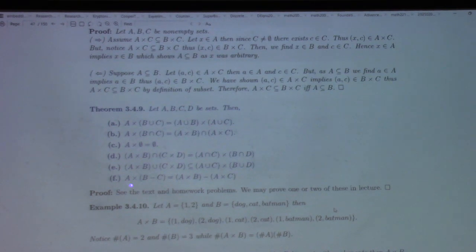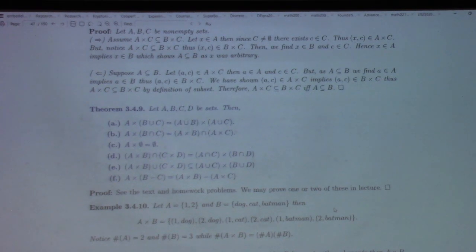And also, here's a relation between the Cartesian product and set difference. To work with these, we have to work with ordered pairs. So you should read this example here as you're trying to work on the homework. This should help you see how we make proofs involving Cartesian products, all right?